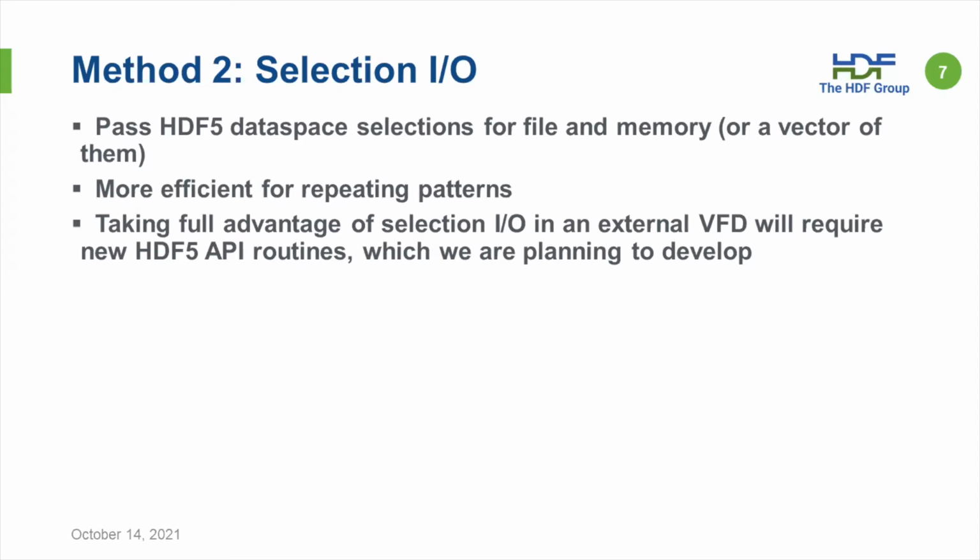It's H5Sget_select_hyper_blocklist, I think. And so for some simple cases, you could just use that, and that would give you the pattern pretty quickly, like for this case, the example. But if it's a more complicated repeating pattern, that would be very difficult to use. So we have some ideas for a more generalized way to get the pattern, but we haven't implemented that. But that is on the list of things to do.